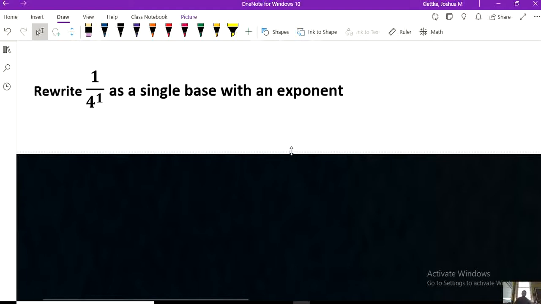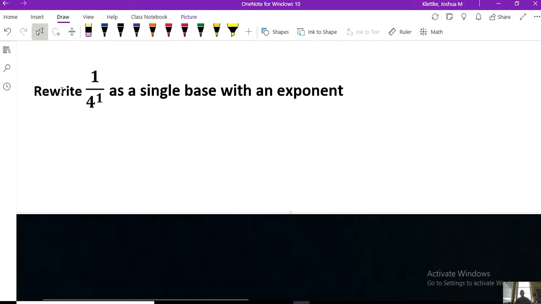But if we saw where we want to rewrite a fraction that has a base with an exponent on the bottom as a single base with an exponent, here's what we could do. Again, we could think of this as 4 to the 0. We still have 4 to the first.